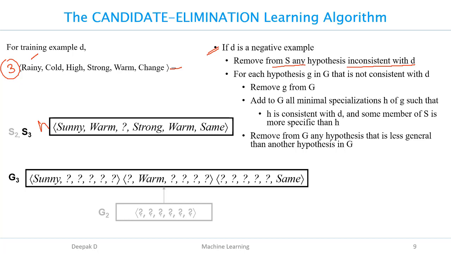That is the third example. I already said that one attribute is enough to make your instance negative, so it will classify your negative instance as a negative instance with respect to your hypothesis.